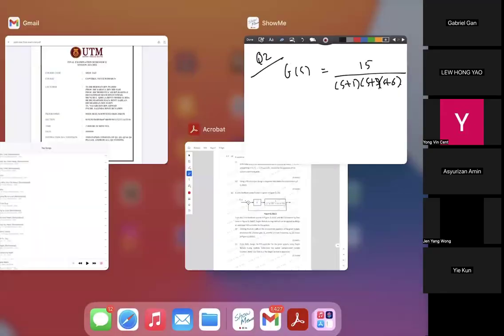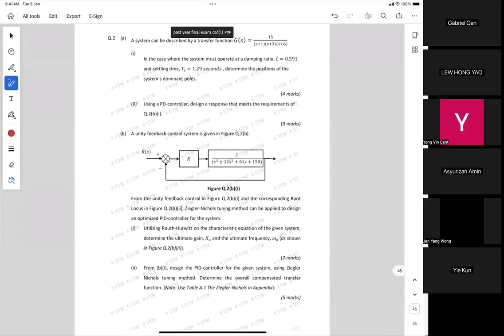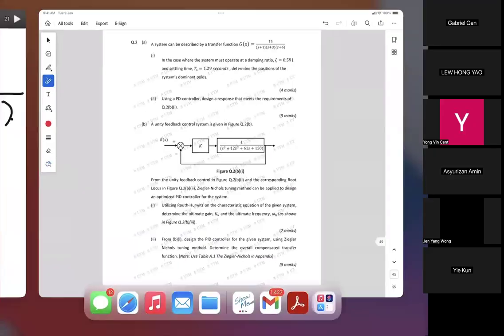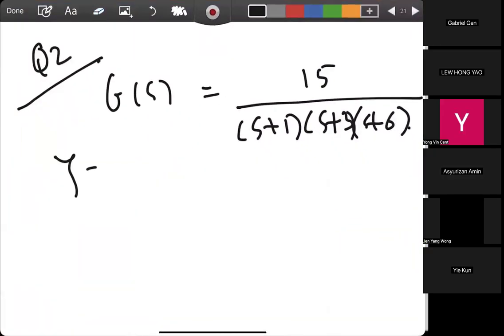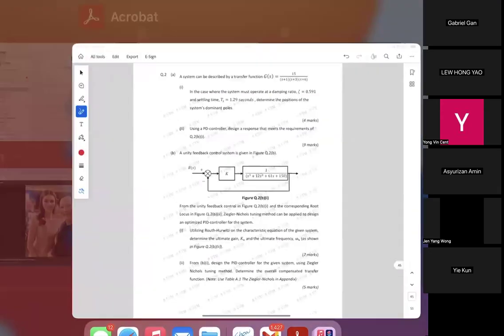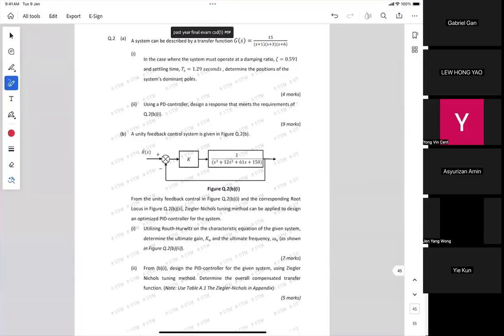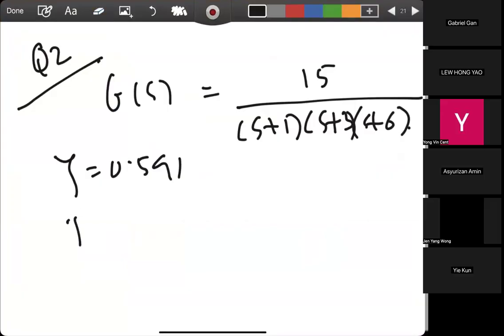Damping ratio 0.591, settling time Ts 1.29 seconds.